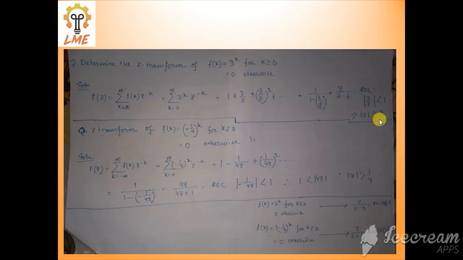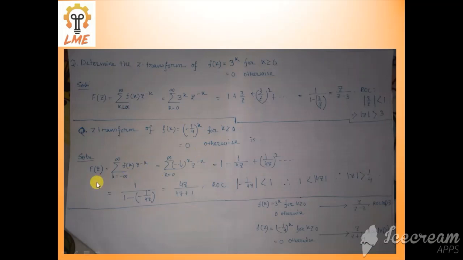Similarly, if you are asked to perform the z transform of the sequence f(k) equal to minus 1 by 4 to the power k for k greater than or equal to 0, otherwise 0, then you will do the same thing.